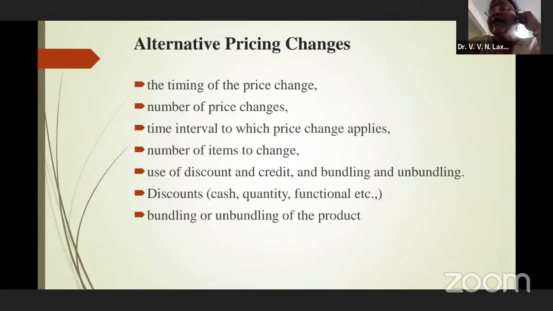Then what are the alternative pricing changes that the company can introduce? If the company wants to initiate a price change, when should the company initiate the price change and when should the company not initiate the price change? So the company has to decide the timing of the price change.